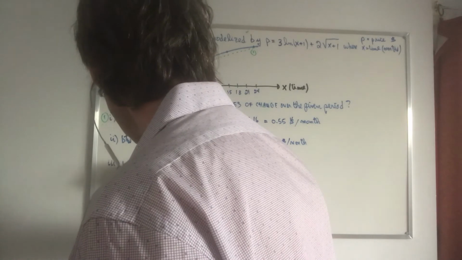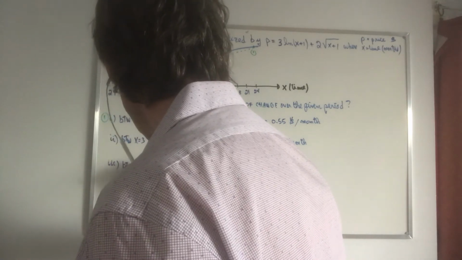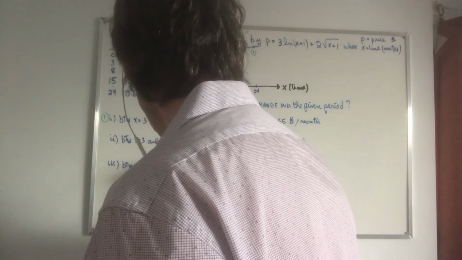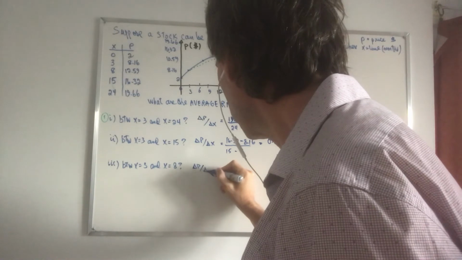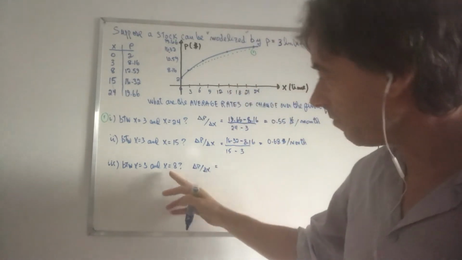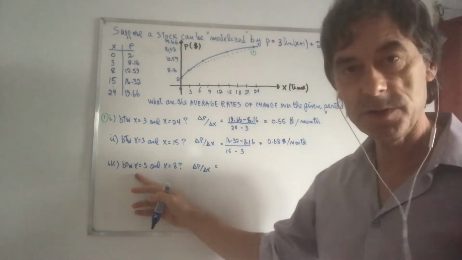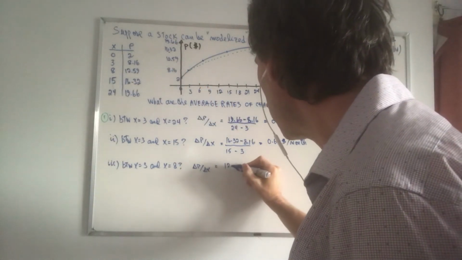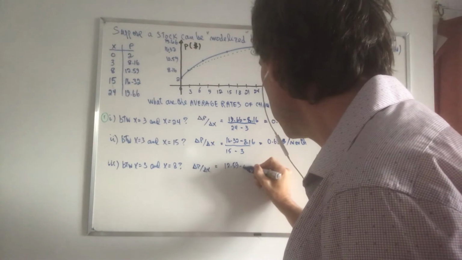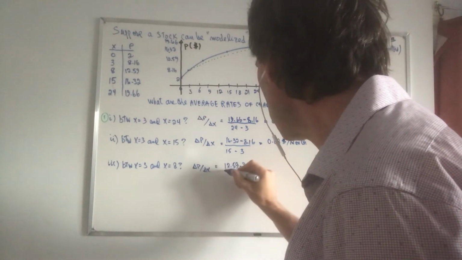Let's do 3 to 8. X equals 3 and X equals 8. So once again, delta P over delta X. This time it's the change of value after 8 months minus the value after 3 months. So 1259 minus 816.